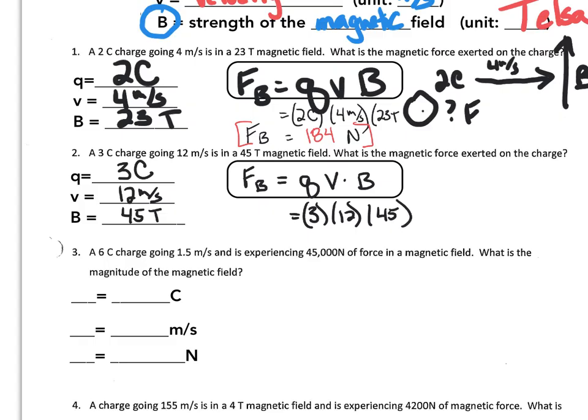And again, some people like to do mental math, and it's okay to calculate that out. When I do that, I go to my calculator, I go 3 times 12 is 36. Then I multiply it by 45, and we get a much larger force. The magnetic force is 1,620 newtons.